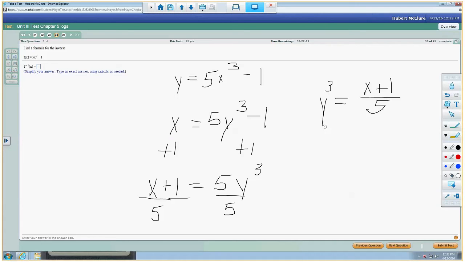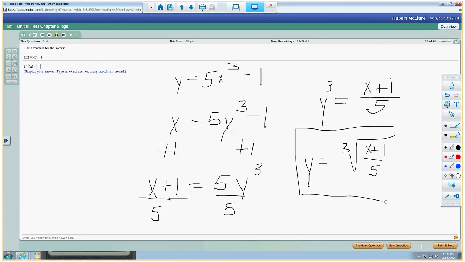Take the cube root of both sides. So y is equal to the cube root of x plus 1 over 5. And this is the inverse function of this. So whenever you want to find the inverse function, you write the problem down, you switch the what? Variables, and then you solve for y. And the last one, I think.